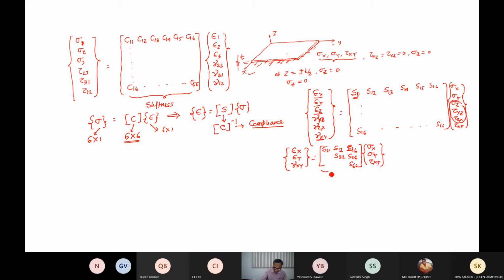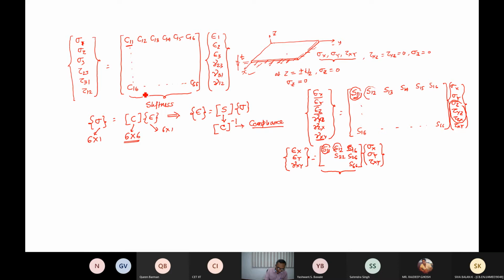So this is reduced. Here we have straightway taken S11 and S12 from there. So this is the reduced compliance. But then we cannot straightway take this as C11 because epsilon z is there. Please go back and see, I have proved that also.